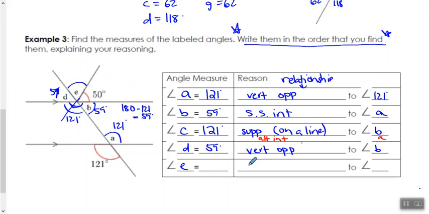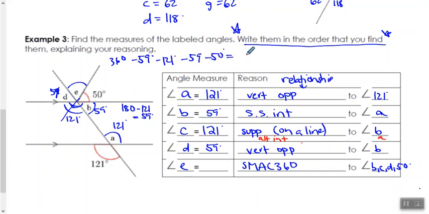Okay, so I can be doing 360 minus angles B, C, D, and the 50. So doing that, 360 minus 59 degrees, minus 121 degrees, minus 59 degrees again, minus 50 degrees.